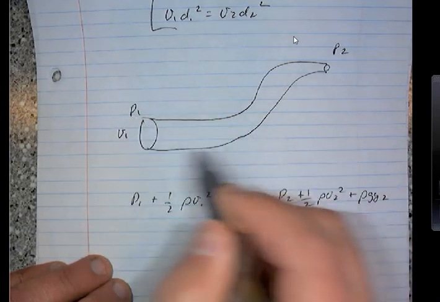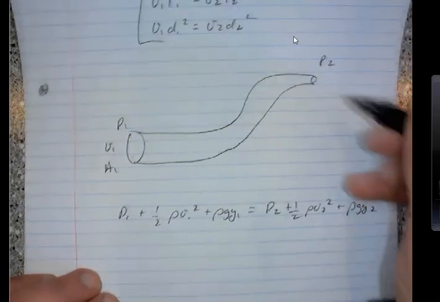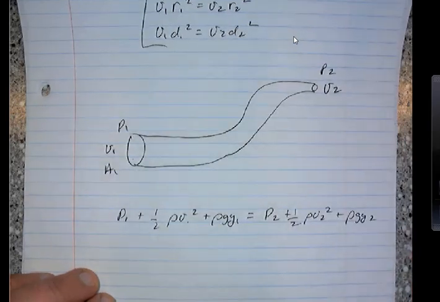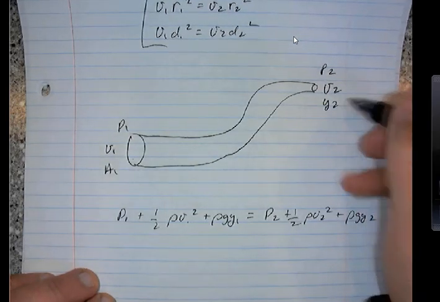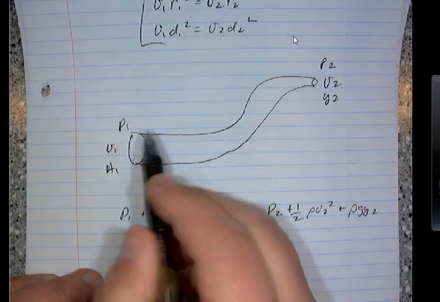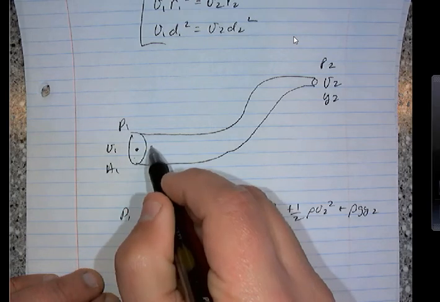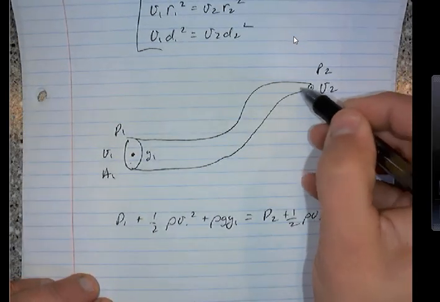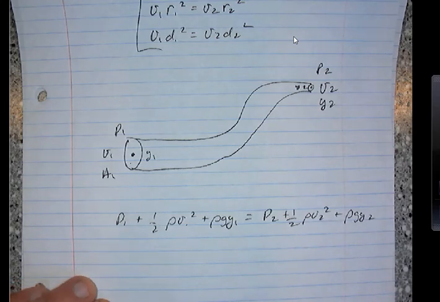And this is V1. Again, this is area 1. This is V2 over here. This height would be y2. The height of the fluid here, maybe you could just say that this is y1. Up here, this is y2.